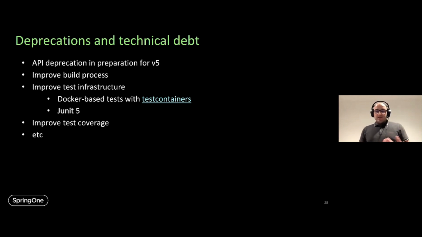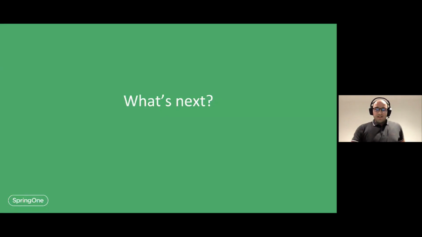We are aiming to use JUnit 5 for the new tests we introduce in the code base, etc. We also try to improve the test coverage, and all of this is some kind of hidden work in the background, but I thought it's worth mentioning in this session so that people know what we are working on. So that's all for the 4.3.